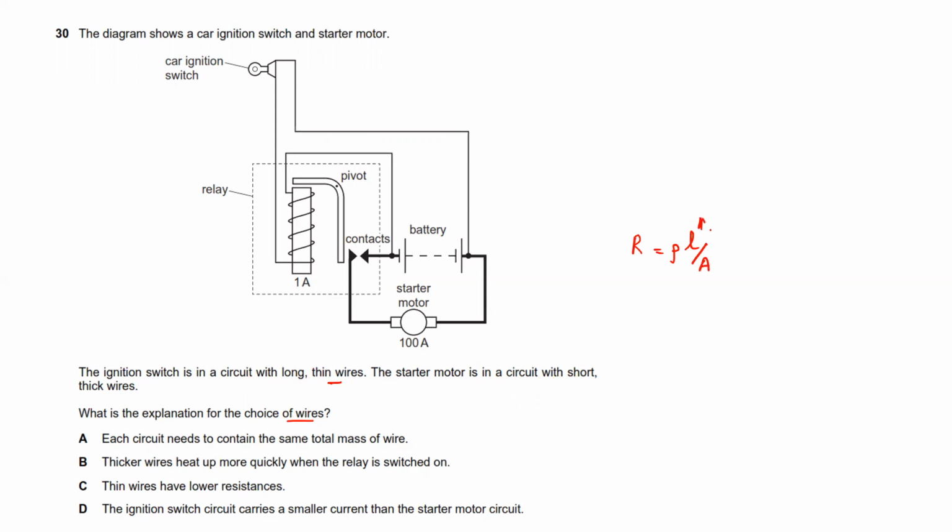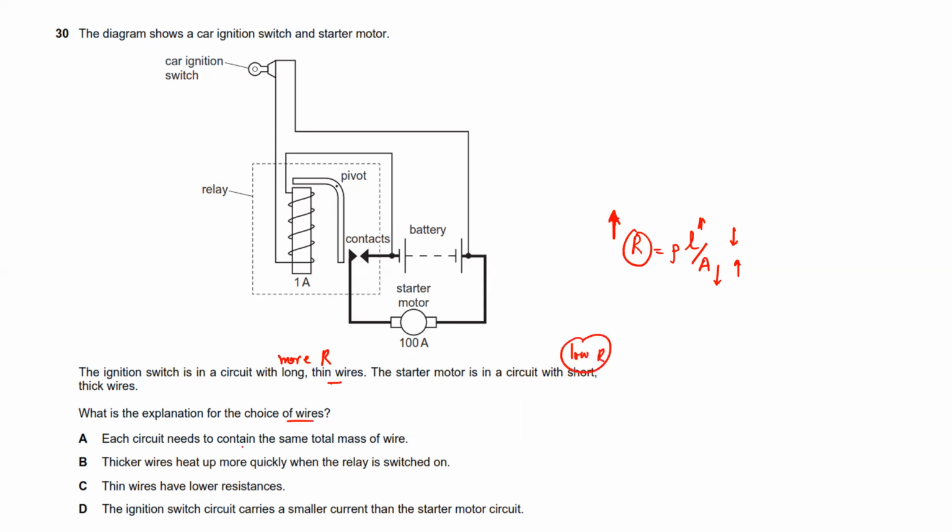So long wires with less area will have more resistance, so this will be more R. The starter motor has shorter lengths and thick wires, so low lengths and greater areas will have low resistance.